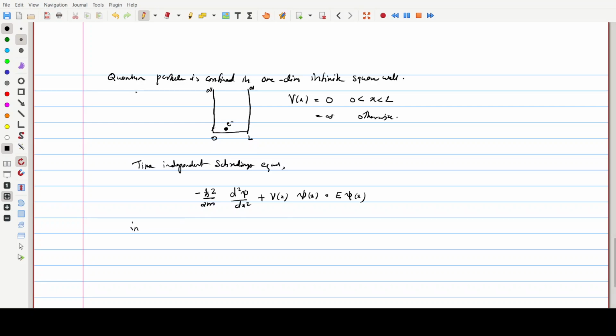Now, inside the well, V of x is 0, and so this Schrodinger equation becomes minus h bar square by 2m d square psi of x by dx square equal to E psi of x, or d square psi by dx square equal to minus 2mE by h bar square psi of x.